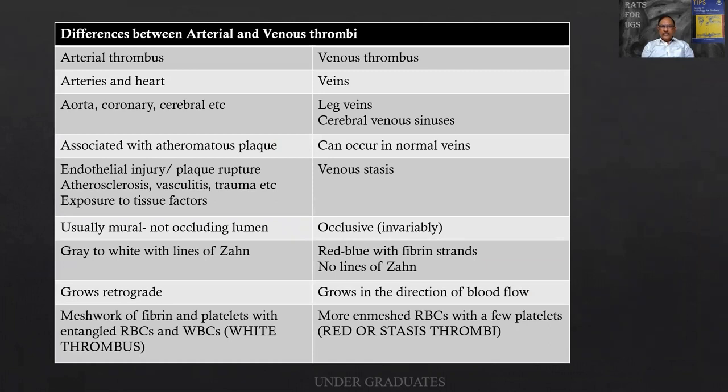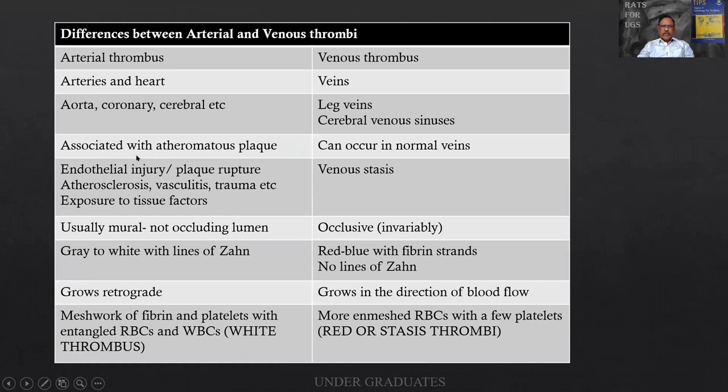So also these. What is the difference between an arterial thrombus and a venous thrombus? On my left, I got the arterial thrombus, and on the right is a venous thrombus. Obviously, it occurs in the arteries and the heart, whereas venous thrombus in the veins. The arteries are mentioned over here: aorta, coronary artery, cerebral artery. Here it will be the leg veins and cerebral venous sinuses.